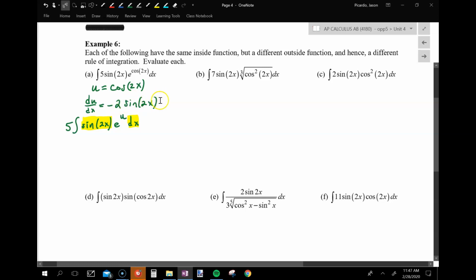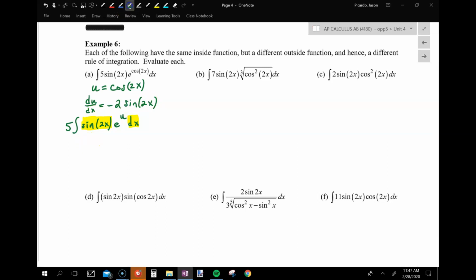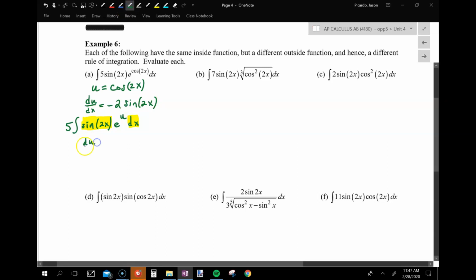So do you guys agree? In this problem, du divided by negative 2 is equal to sine of 2x dx. So that's our substitution, right? So 5 integral of e to the u times du divided by -2.